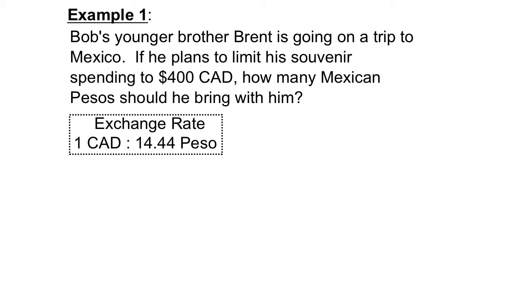In the last lesson, I showed you a method of solving these types of comparison problems. And so we know the comparison of Canadian dollars to pesos is 1 to 14.44. And now we're asked to figure out how many Mexican pesos it is for 400 Canadian dollars. So we can set it up like this. I'm going to put Canadian dollars on the left to pesos on the right.